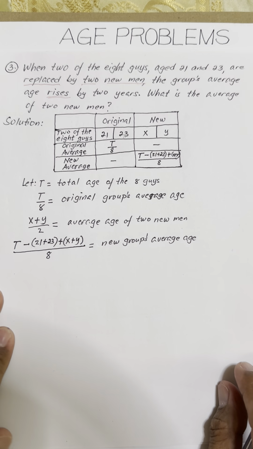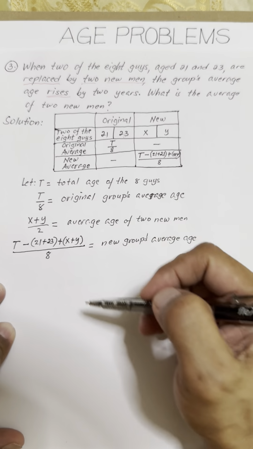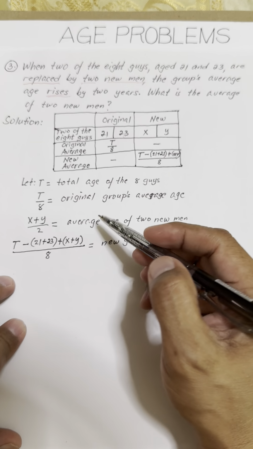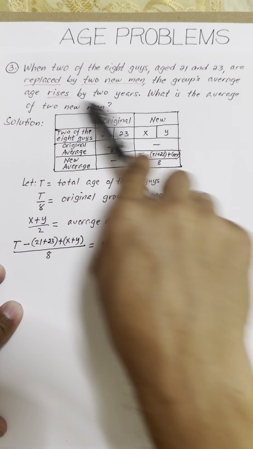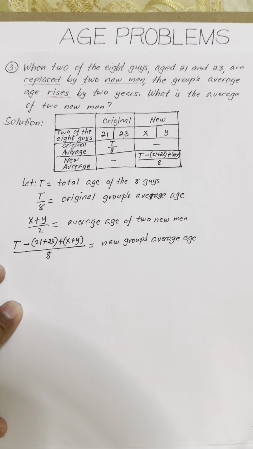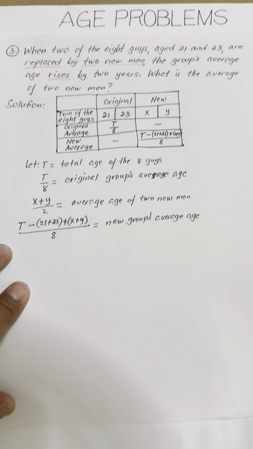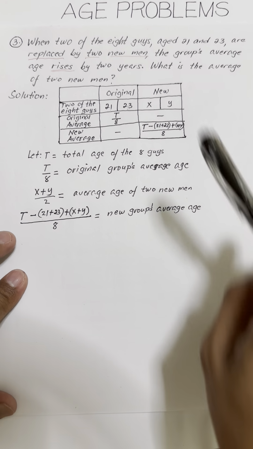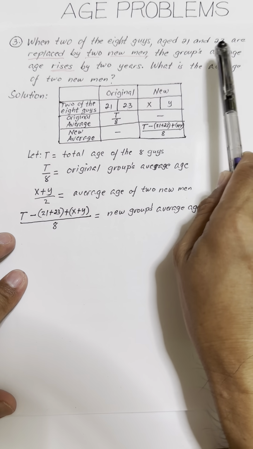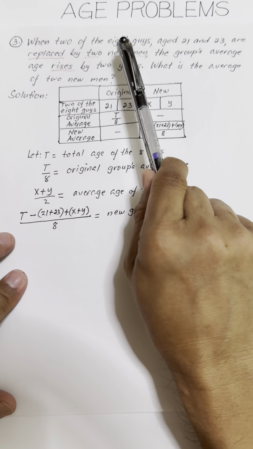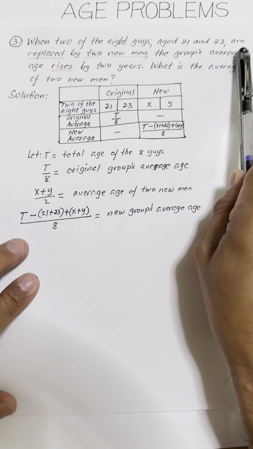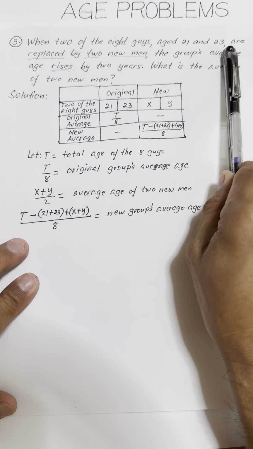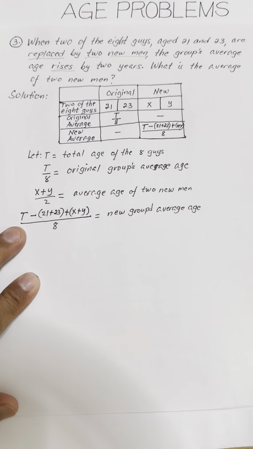Okay? So this is the information that we have taken from our table and also from the problem itself. We have a statement here that when two of the 8 guys, aged 21 and 23, are replaced, we have to take them out.